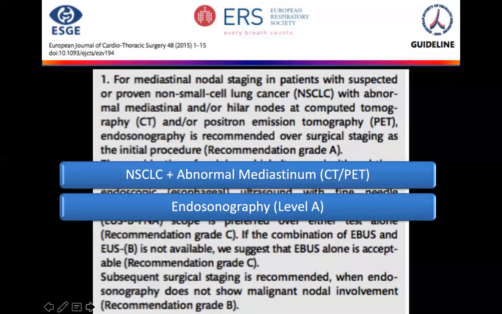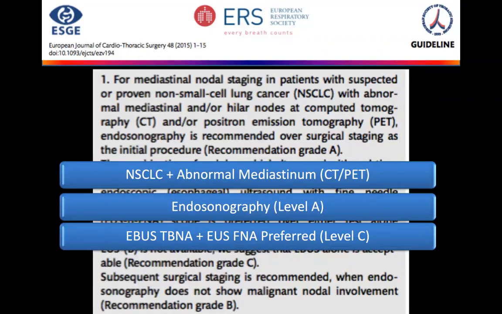So do not try to not talk of EUS and EBUS. There is a level A evidence, that's the highest level of evidence. So if you've got a non-small cell lung cancer with a PET positive mediastinum, the first thing that should come out of your mouth is EBUS or EUS. Okay, I want you to understand this. That's why I brought up these levels of evidence.